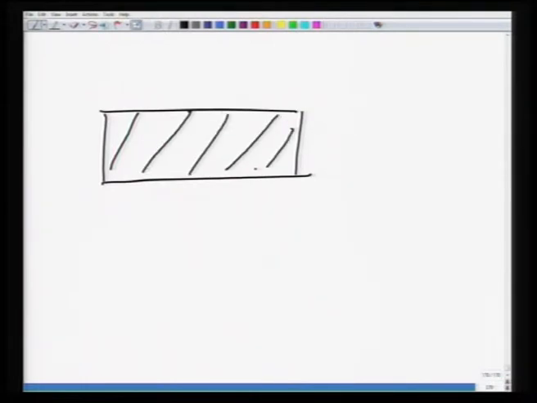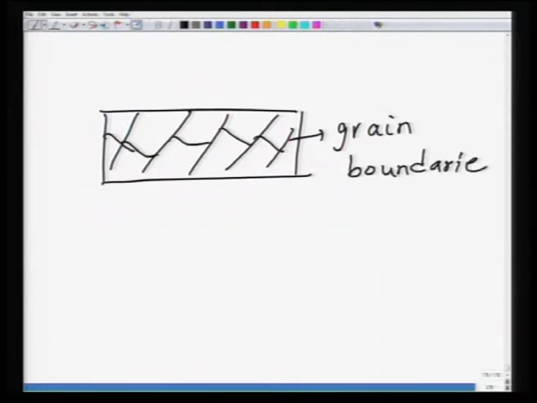This material is not always a single crystal, which means it can be polycrystalline. If it is a polycrystalline material, then it has things like grain boundaries. Let us say these are grain boundaries, and these are grains. Depending upon the grain size and the nature of grain boundaries, the grains and grain boundaries act quite differently in dielectric materials, which means the electrical response of charges under the application of an electric field in grain boundaries and in the grains is very different from each other.